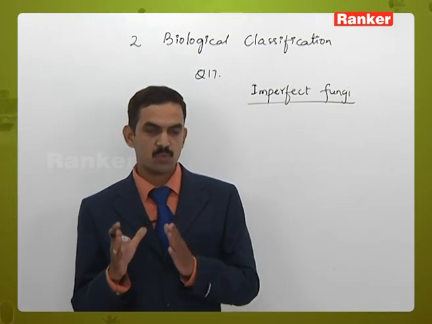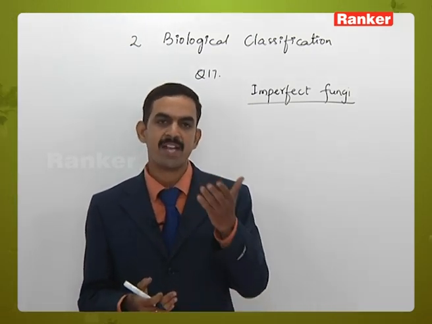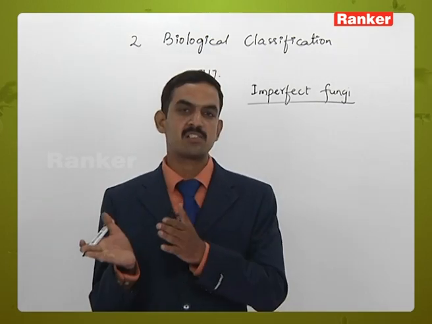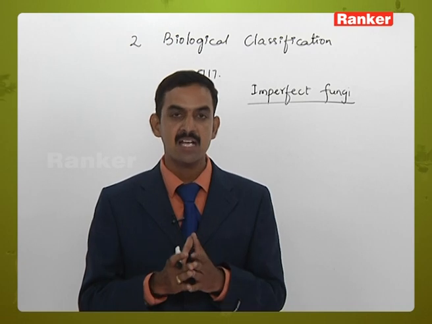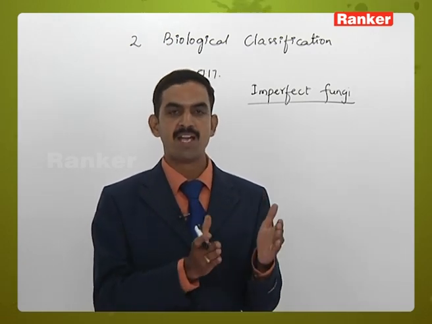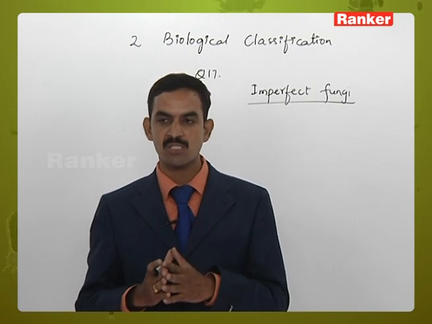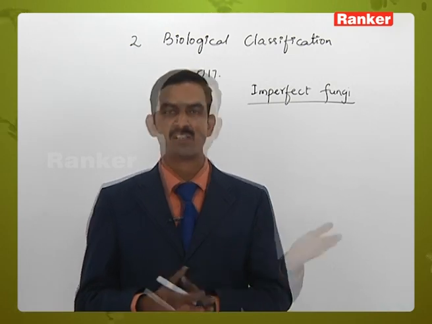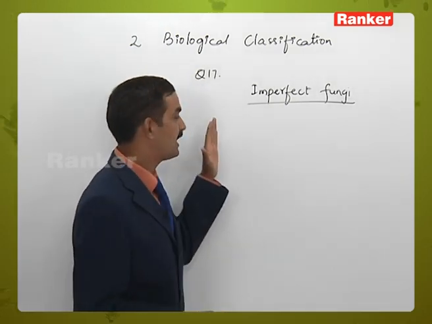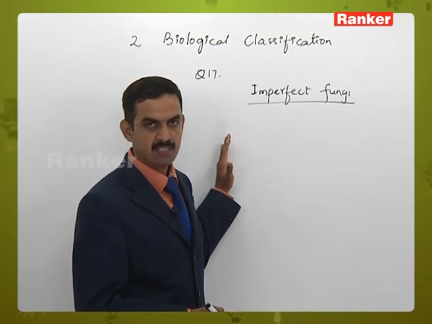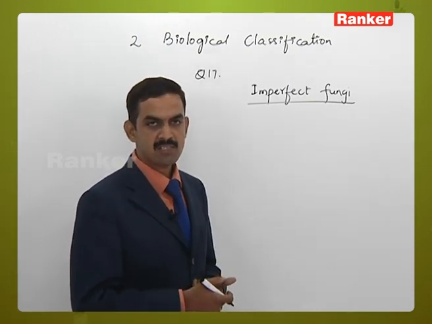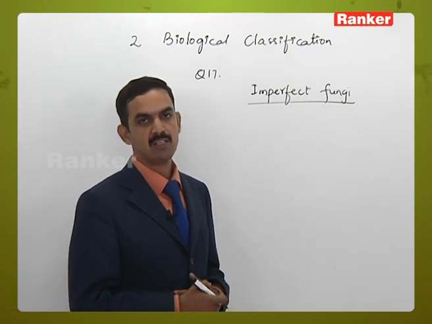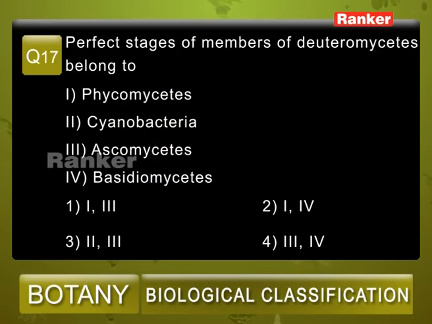So, whenever a sexual stage is identified, it is given a separate name, and as this perfect stage, that is the sexual stage, is present, they are separated from the Deuteromycetes and shifted either to the Ascomycetes group or to the Basidiomycetes group based on the similarities to which they resemble. So, for question number 17, the correct answer is 3 and 4, that is option number 4.